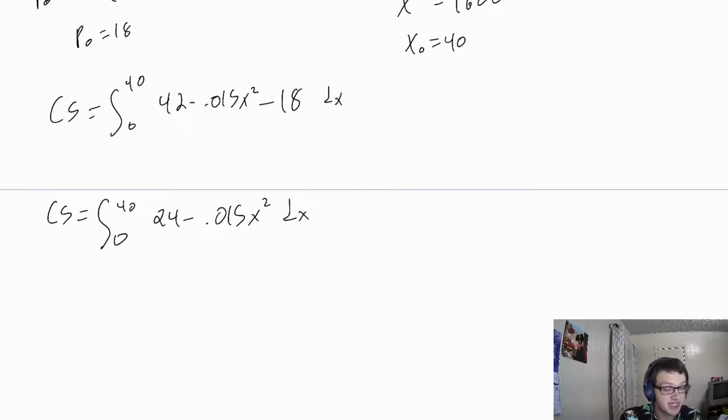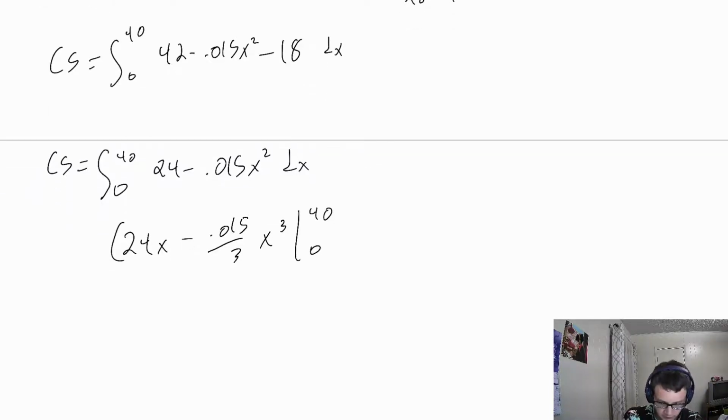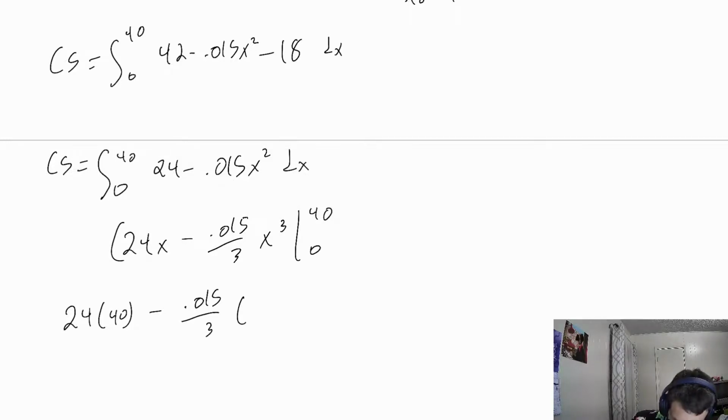Now we can take an antiderivative and evaluate. An antiderivative is going to give us 24x minus 0.015 over 3 x cubed, evaluated from 0 to 40. When we evaluate this, we plug in the bigger number. We subtract off what we get when we plug in the smaller number. So we get 24 times 40 minus 0.015 over 3 times 40 cubed.